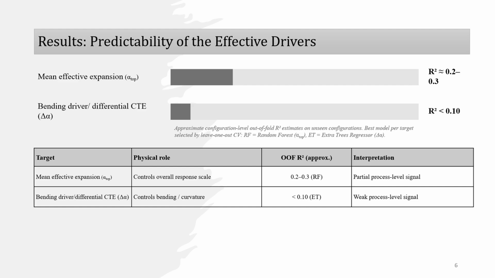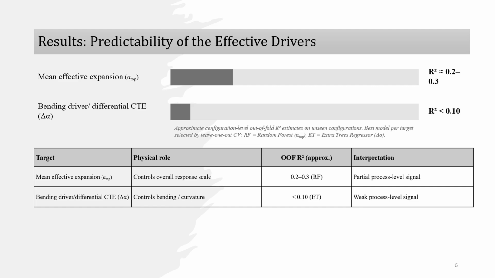The second target is delta alpha, which represents the differential CTE between the two layers and acts as the bending driver. For this target, the R-squared value is below 0.1. This means that the bending driving mechanism is only weakly predictable from slicer level inputs alone. This distinction is important.